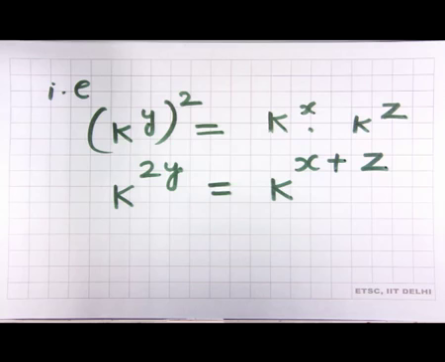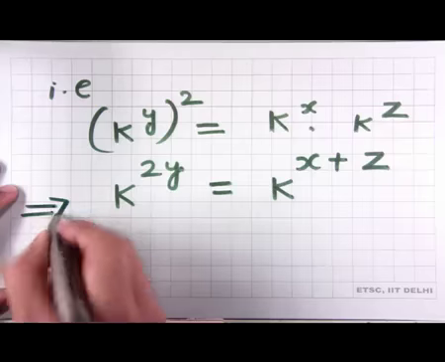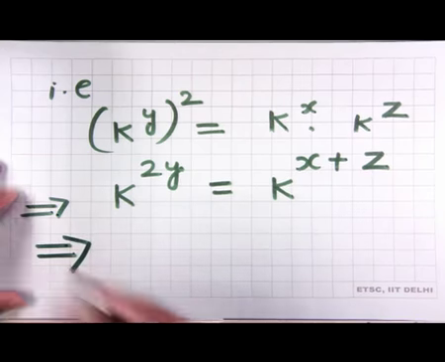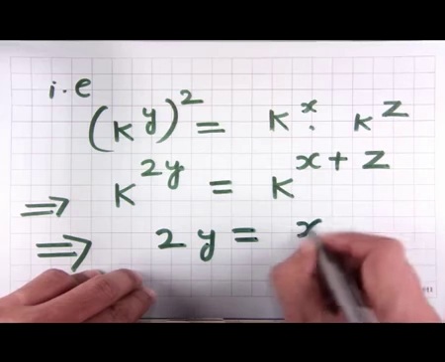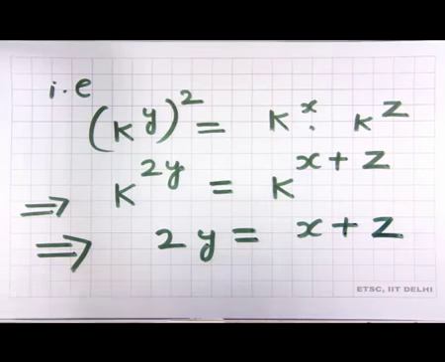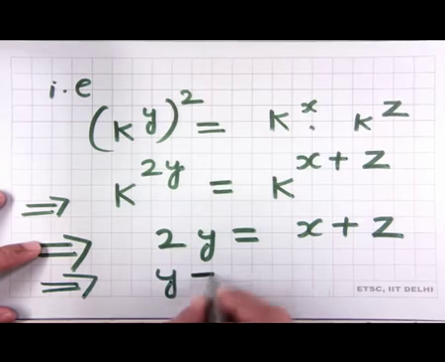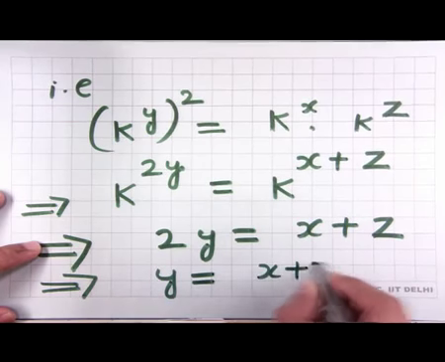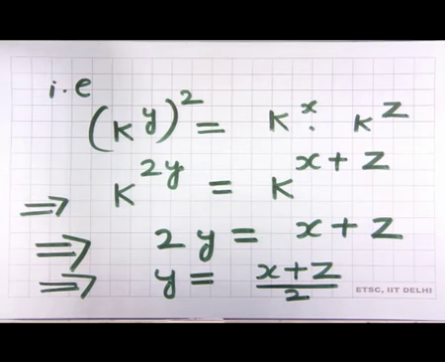This follows by law of indices. This equality implies 2y equal to x plus z, which reads y equal to x plus z by 2. That is, y is arithmetic mean of x and z.